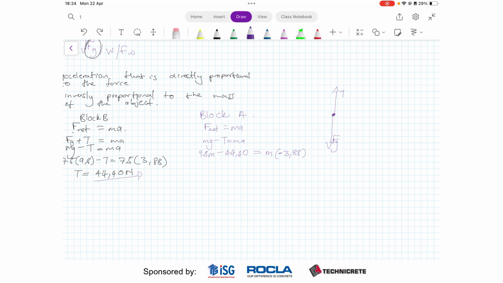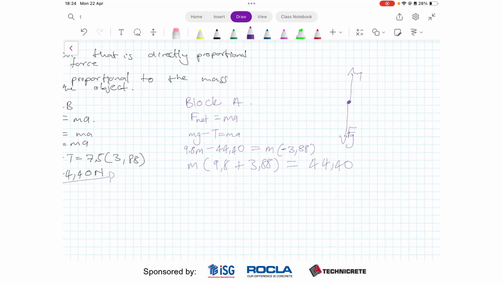This then tells you that when you do your algebra, we can have m into 9.8 plus 3.88 being equal to 44.40. And finally, this tells me that m equals 3.25 kilograms. Okay? Wonderful.